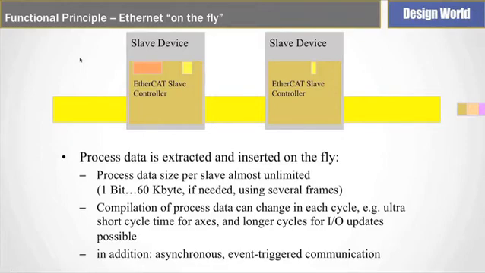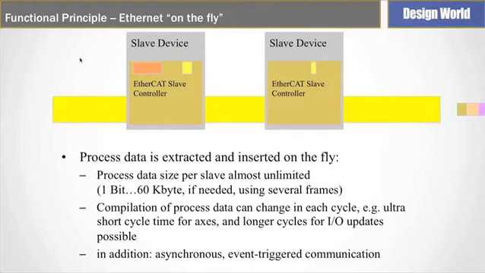The process data size can be almost unlimited, up to 60 kilobytes for large firmware updates, things like that. Also, since it's a very efficient protocol, we can address down to an individual bit per slave device and have multiple scan rates on the same network.